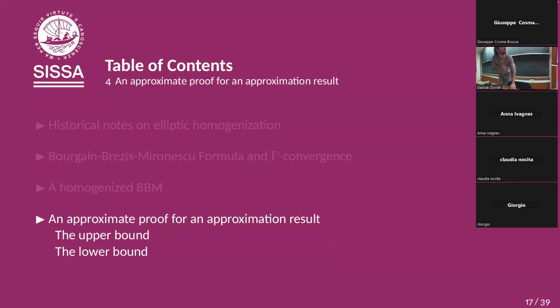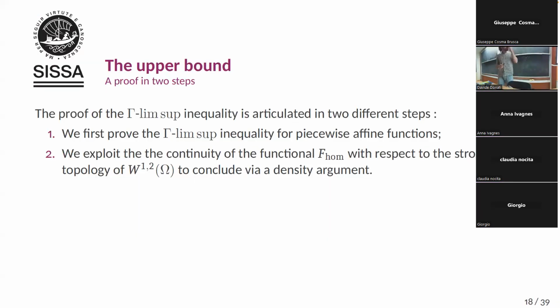So let's give a hint of the proof. So the gamma limsup inequality is almost proved. What we have to do is just do it now for piecewise affine functions, and then reason by density to prove it for any function in W^{1,2}.